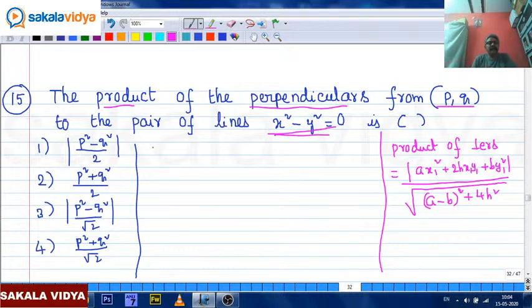So that means here first we need to find out a value. A value is 1, h is absent xy, so h is 0, b is minus 1. So now point x1 comma y1 equals to p comma q.